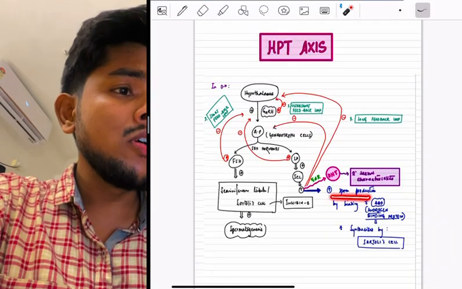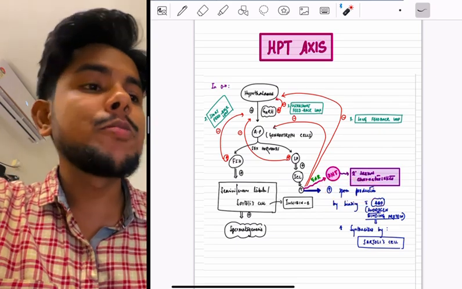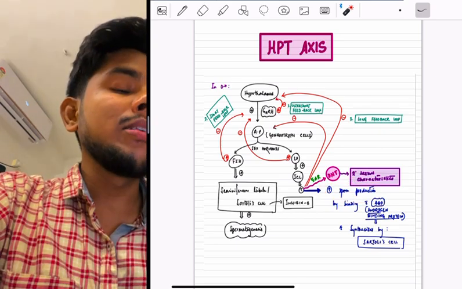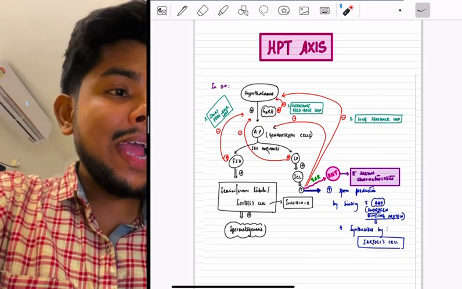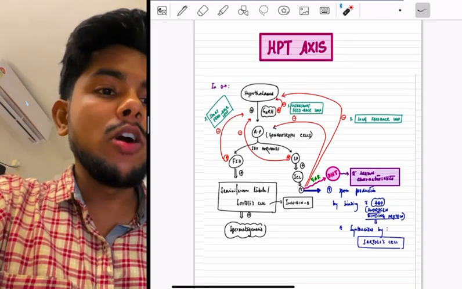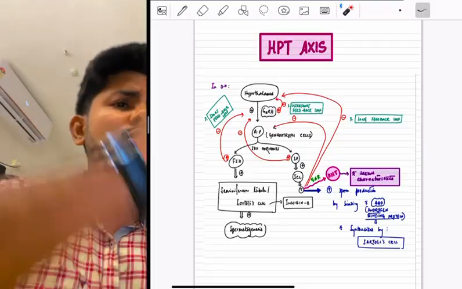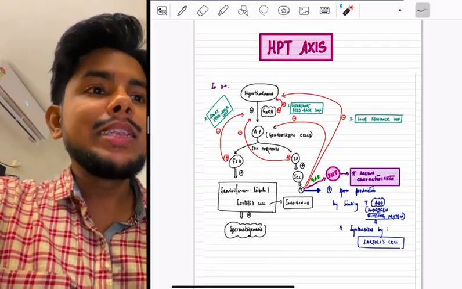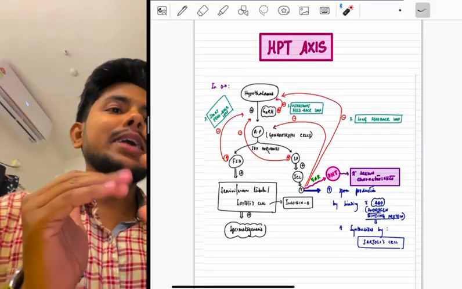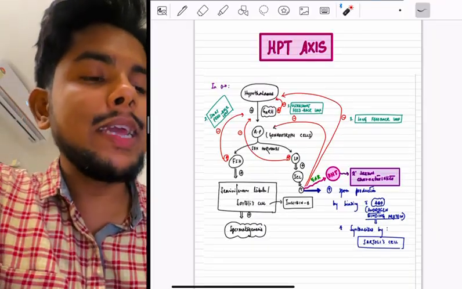Testosterone also binds with ABP, the androgen binding protein present on the Sertoli cell, and helps in the process of spermatogenesis. So this is your HPT axis. I hope the entire HPO axis and the HPT axis is absolutely clear.